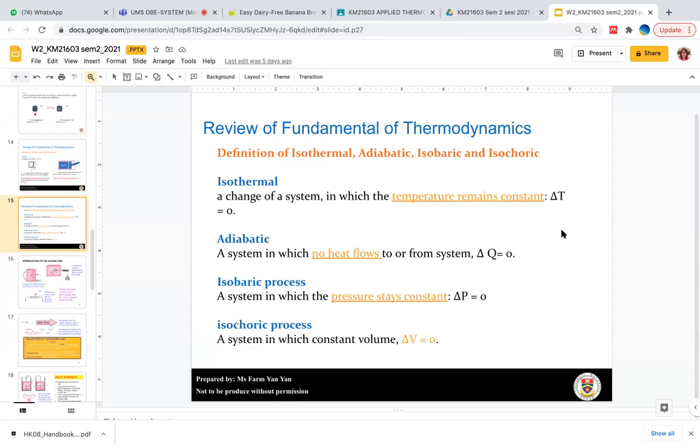So normally this system is a closed system. So your delta Q equals 0. Isobaric process. Iso is same, baric is pressure. So pressure stays constant. Isochoric process, a system in which the volume is constant. Isochoric, constant volume. Delta V equals 0.